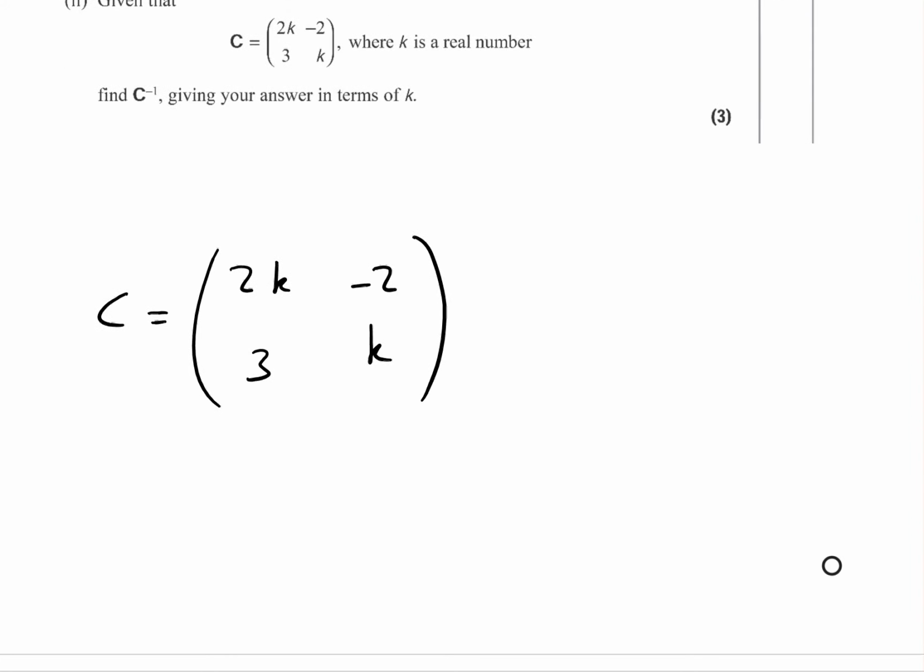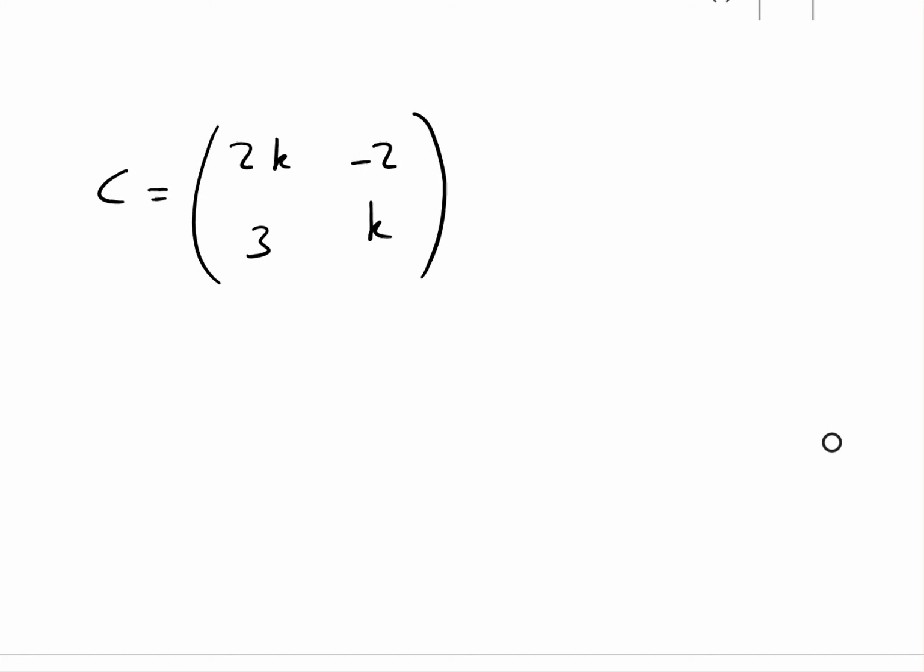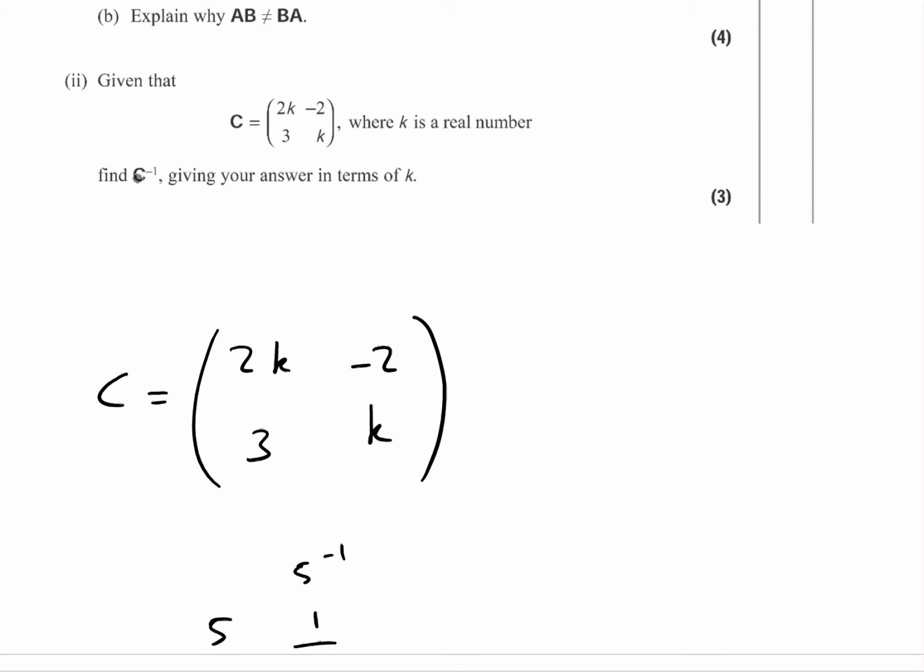Okay, so I've written C out here. Let's just talk a little bit about what an inverse is. In real numbers, if you have the number 5, then the inverse of that would be 1 over 5. Remember, 1 over 5 is just 5 to the minus 1, which is where this notation comes from for inverse.